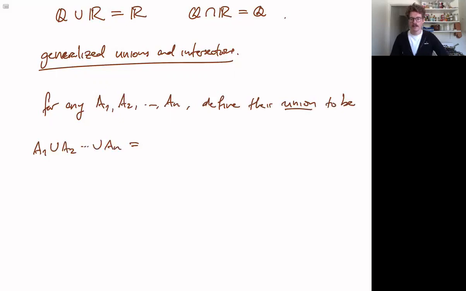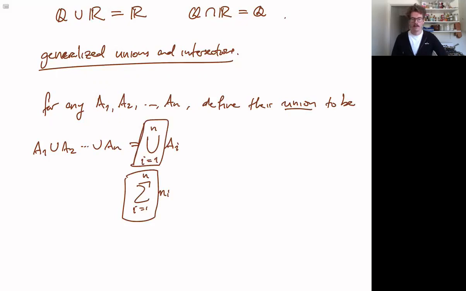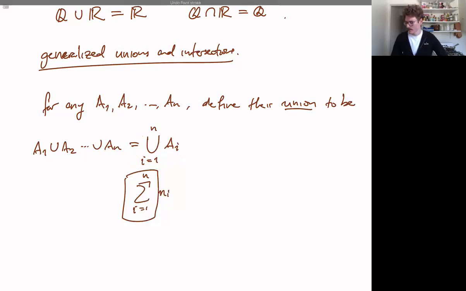You can also write this slightly more convenient notation, which is just a big union from i equals 1 to n of Ai. So if you've seen summation notation before, it should remind you of that, right? This is basically denoting some set that our operation is spinning through, and then these are the things that we're applying it to as we spin through that set.